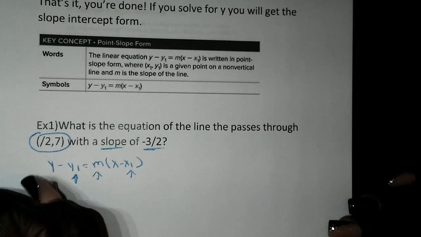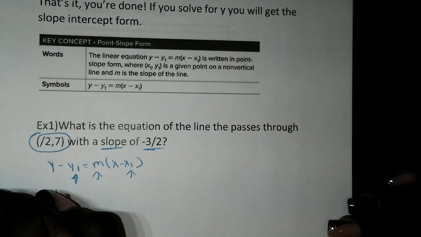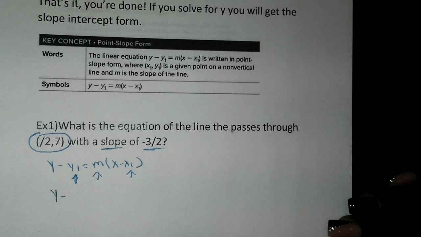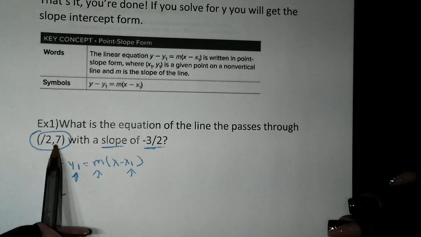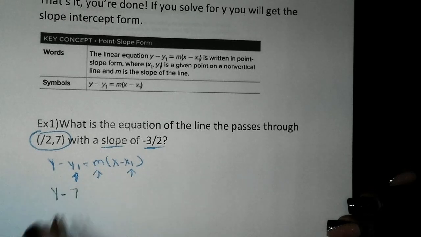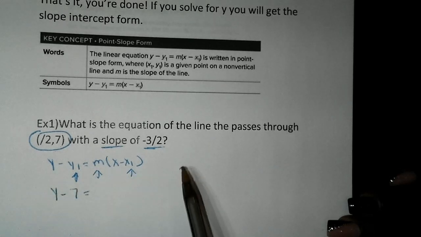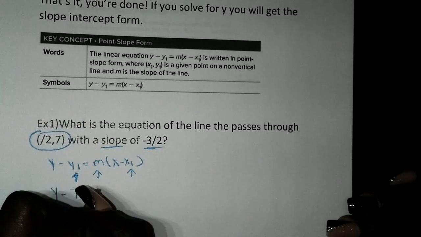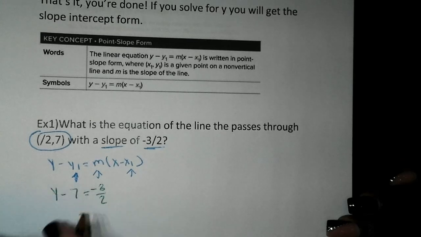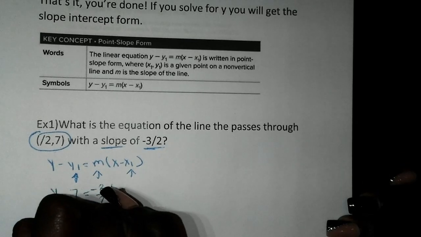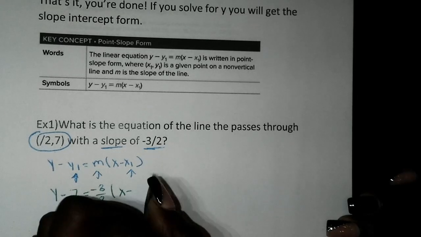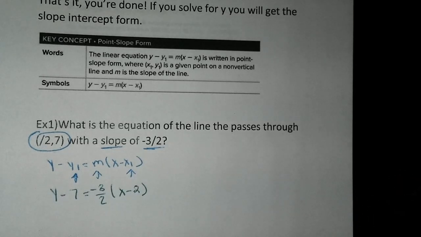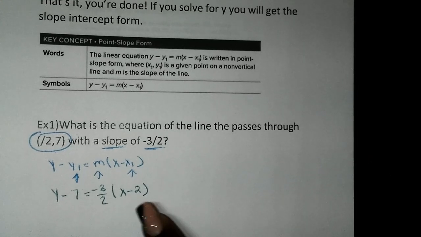So y minus our y1, which is 7, because in our y place it's a 7, minus 7 equals, remember our slope is -3/2, times x minus x1. In this case, our x1 is 2. Alright, so now we have it in point slope form.